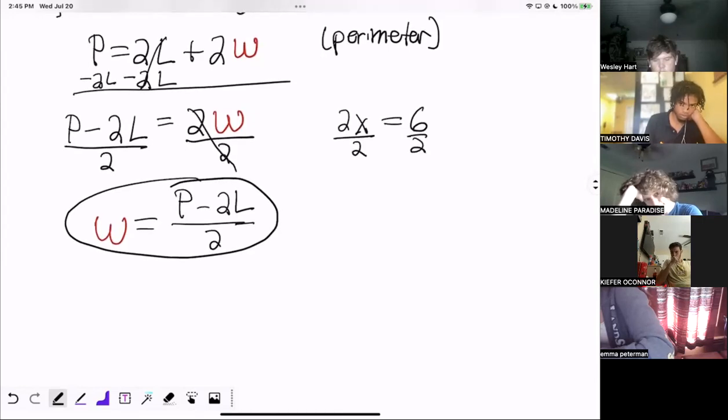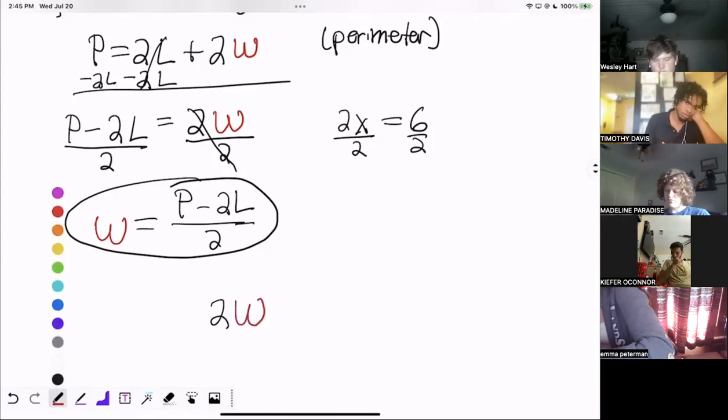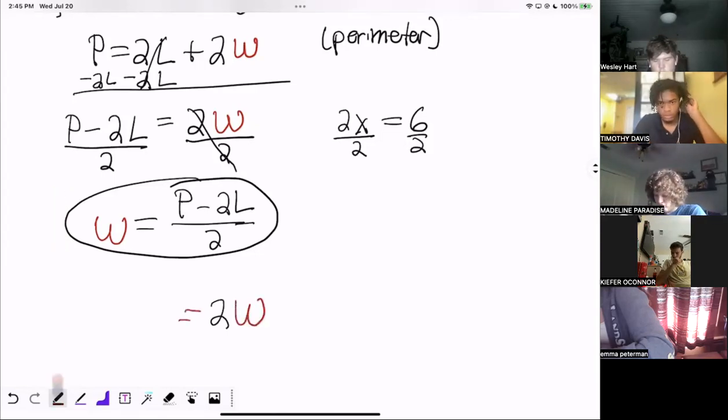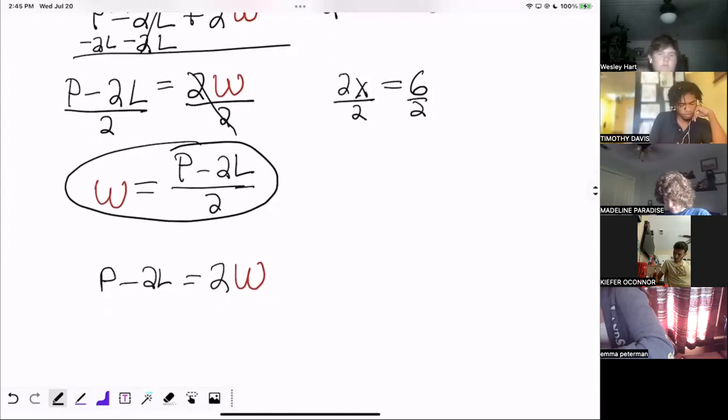Let me do it again a different way, because I like to show different ways when I do problems. Sorry, there we go, equals P minus 2L. You could also do it this way. Divide by 2, divide by 2, divide by 2, because you can actually simplify it.